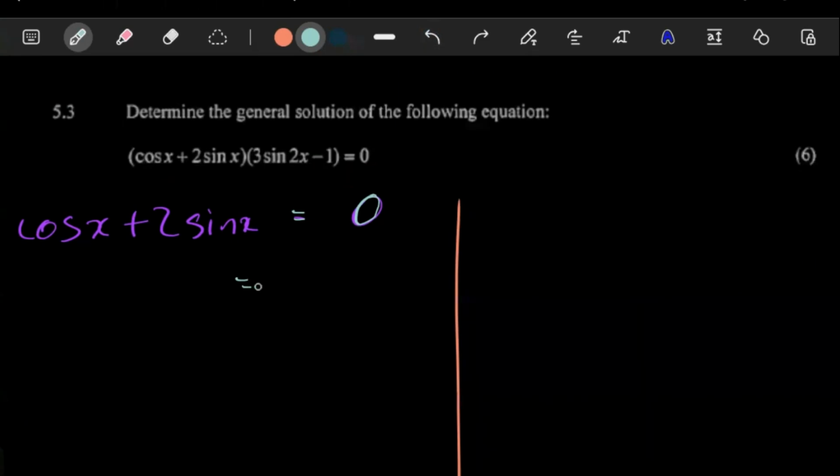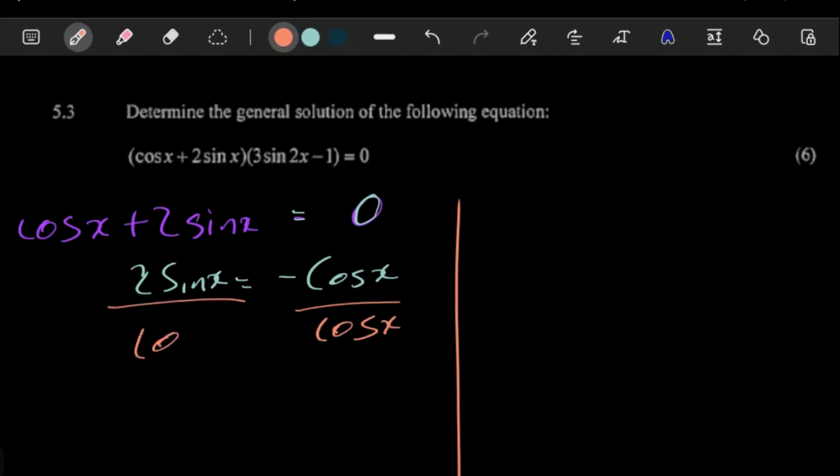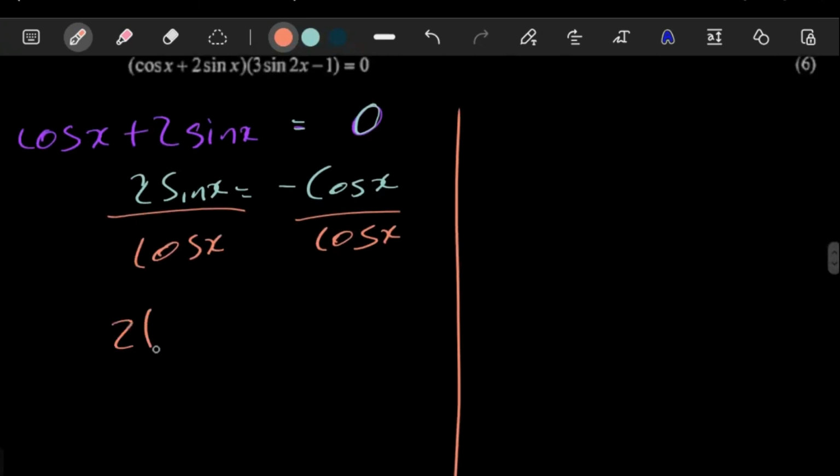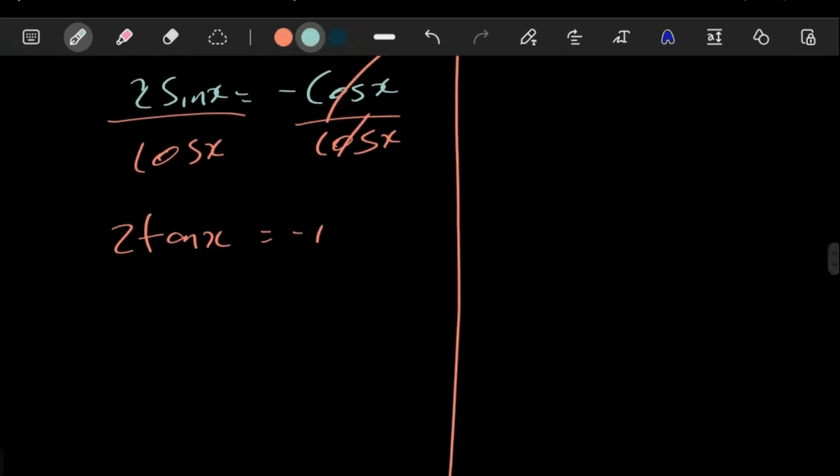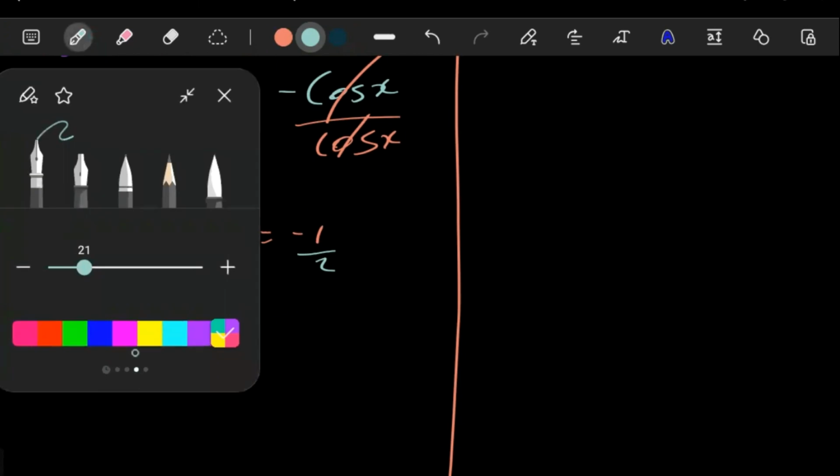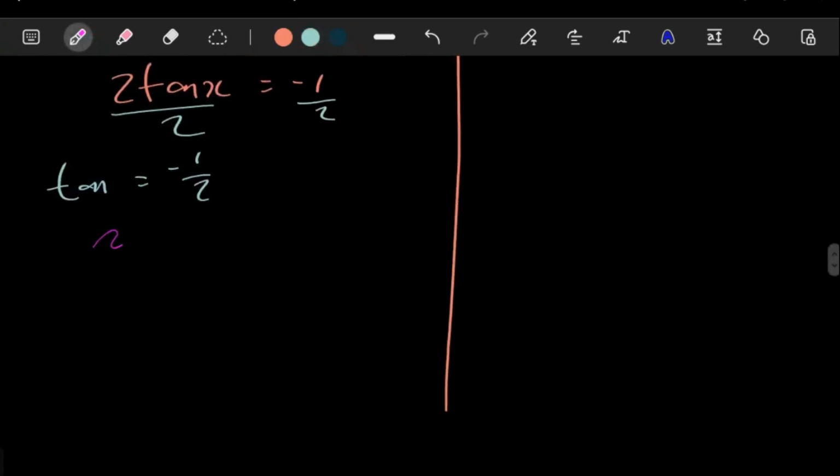Let's just take the cos to the other side, negative cos x here. Divide both sides by cos. You're going to have 2 tan x equal to negative 1. You want the trig ratio on its own, so you divide both sides by 2. Now, since you have a negative value there, it doesn't matter, you have to get a reference angle.